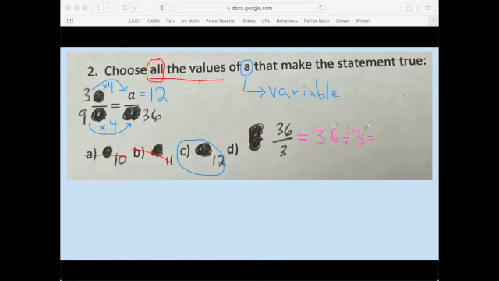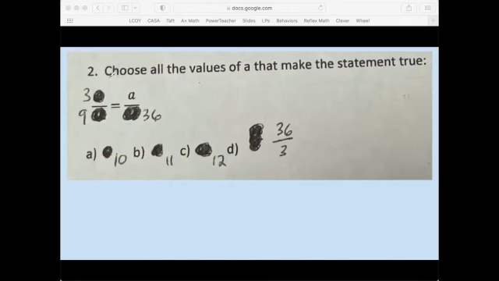So 36 divided by 3, or blank times 3 equals 36, our answer would be 12. So we know that 36 thirds and 12 are the same thing. So when I choose all the answers, I'd actually have to choose C and I'd have to choose D for this particular question.